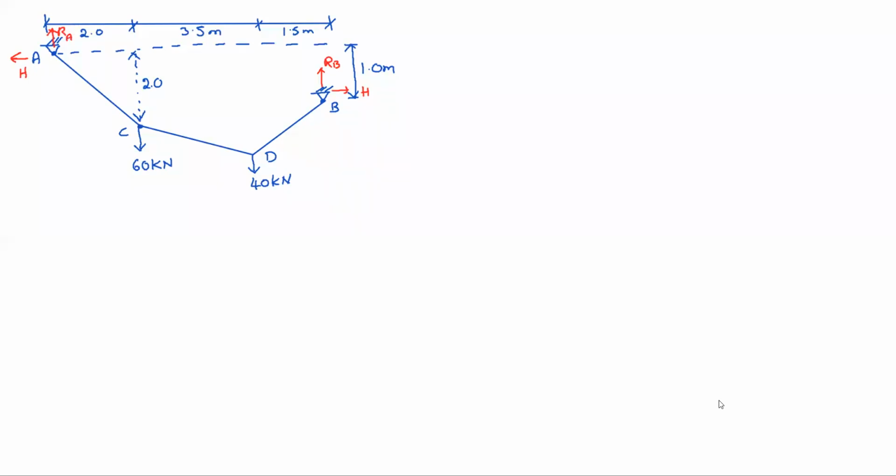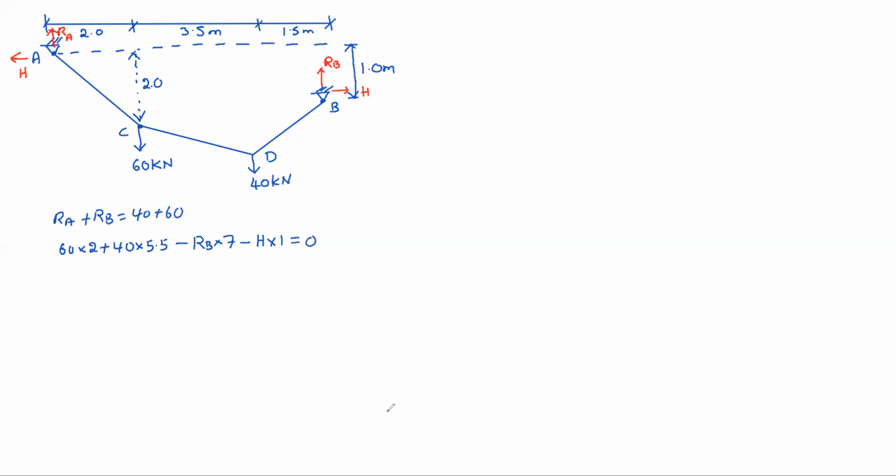So equilibrium conditions are like this. RA plus RB equal to 40 plus 60. Next, taking moments about A: 60 into 2 plus 40 into 5.5 minus RB into 7 minus H into 1 equal to 0.